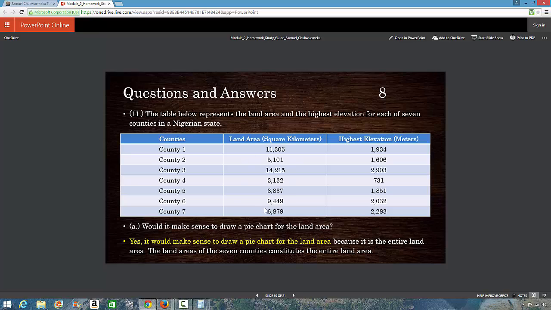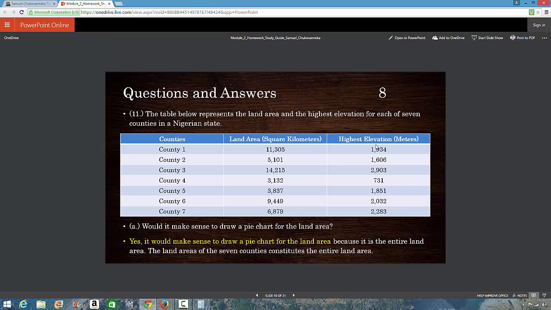Land area covers the entire land, so when you're drawing a pie chart, it will make sense if all the categories are present. Because this is the entire land area, yes, it will make sense to draw it.